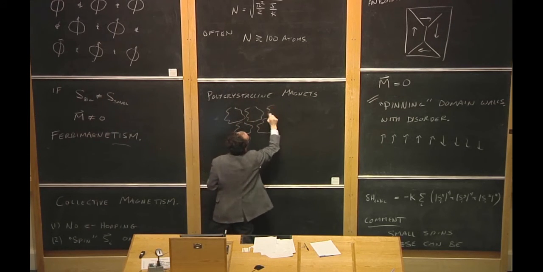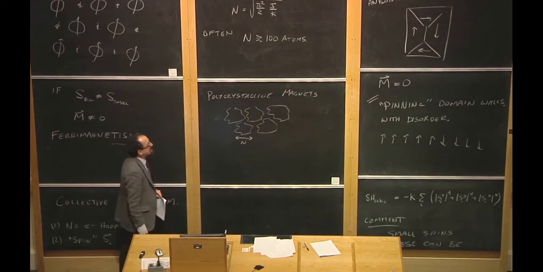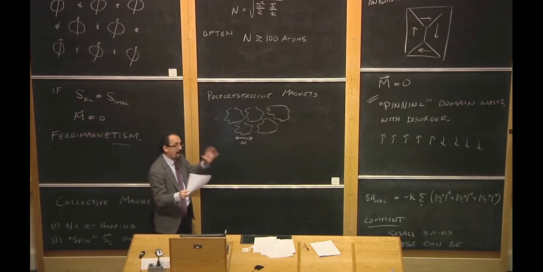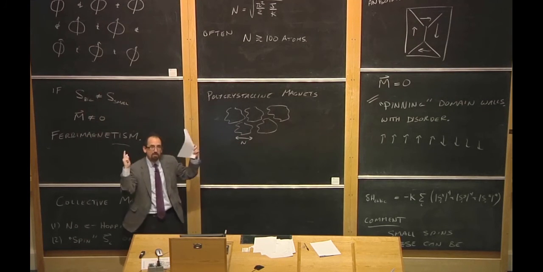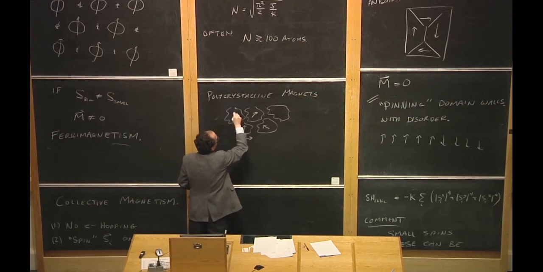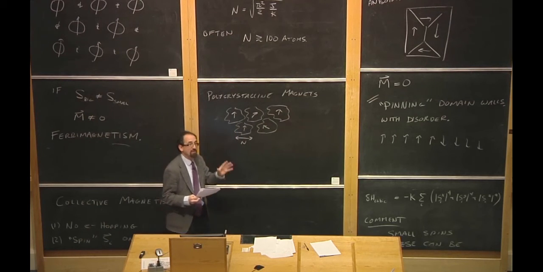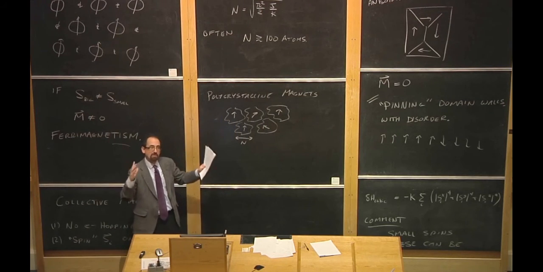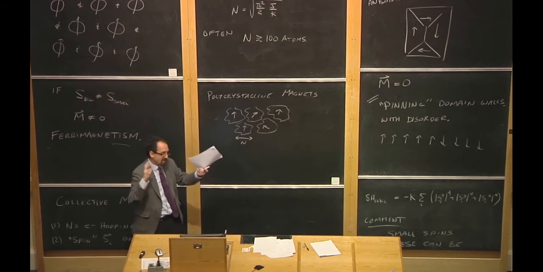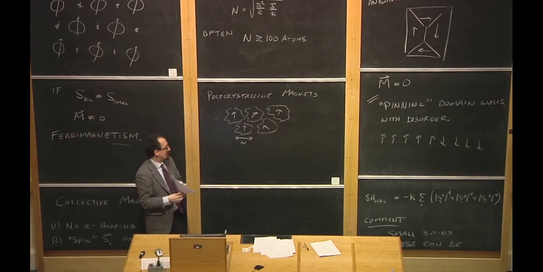And if the size of the crystallite, in number of atoms going across, is less than this magic number, the size of the domain wall, then the whole crystallite has to have its magnetization pointing in just one direction. Each crystallite can point in a different direction, but each crystallite has to be pointed only in one direction. The reason for this is because you don't have enough space within one crystallite to rotate the spin from one direction to another. It's too stiff. The coupling between neighbors is too strong to get the spins to rotate within one crystallite.